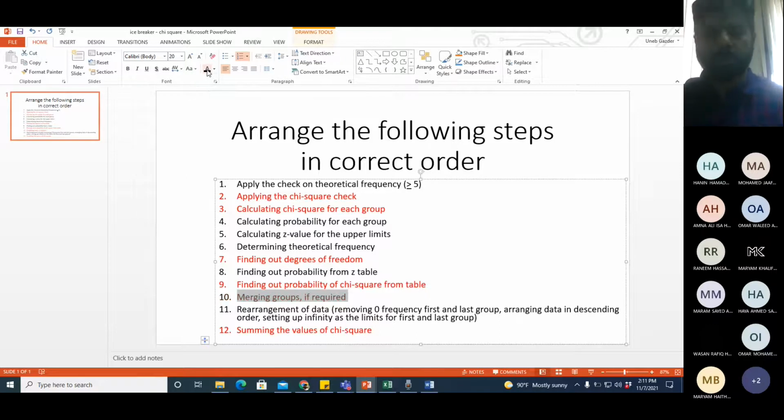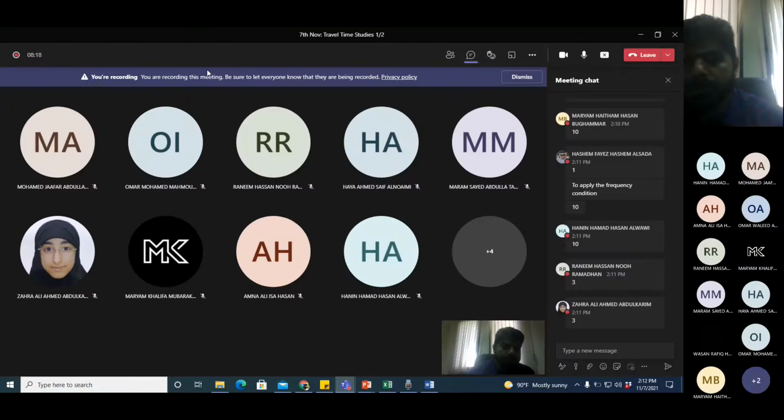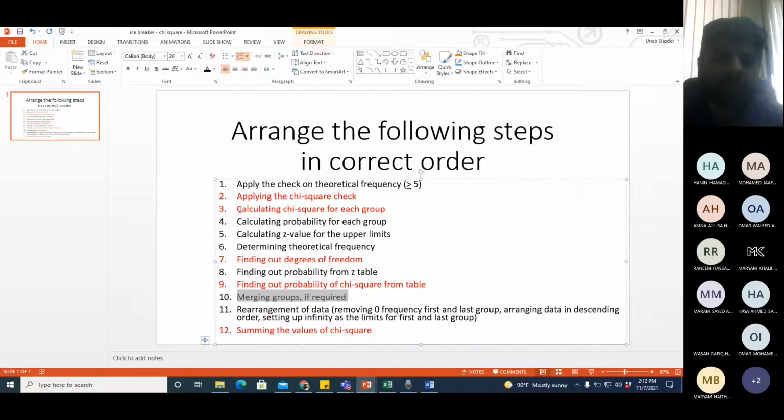Some cases merging may not be required. Then after merging, what do you do? Which is calculating chi-square for each group. Good. Very good. Next, after you calculate the chi-square for each group, then what do you do?